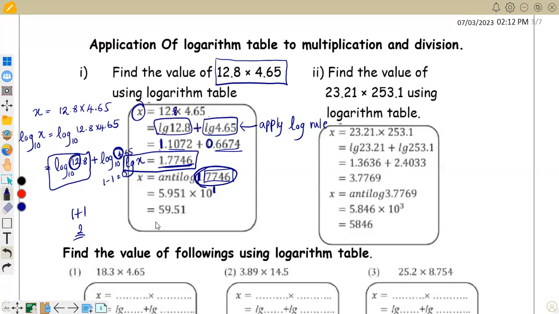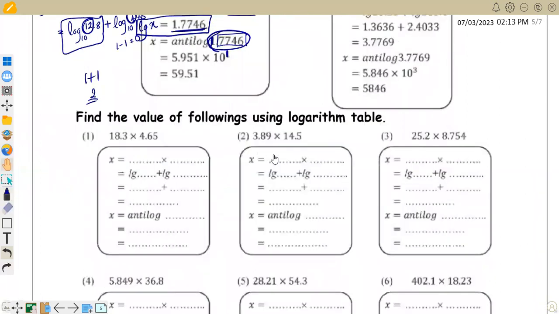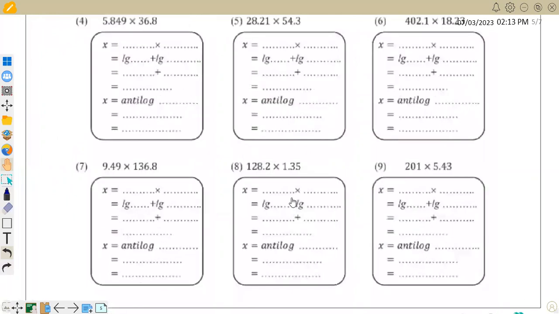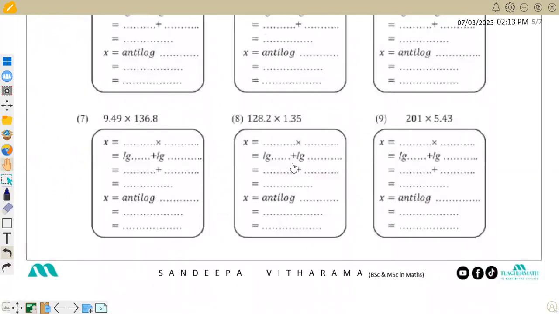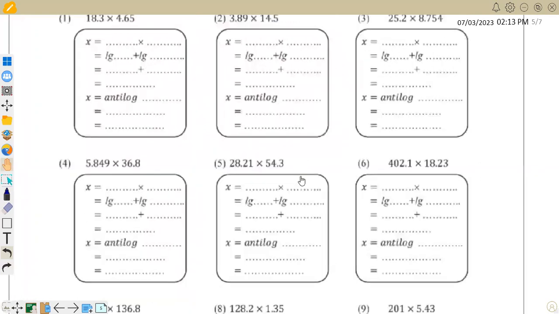Then this is how we obtain the answer for a particular given numerical expression using logarithm rules and logarithm table. Okay. There are some exercises. You can try to do these to practice obtaining values using the logarithm table.